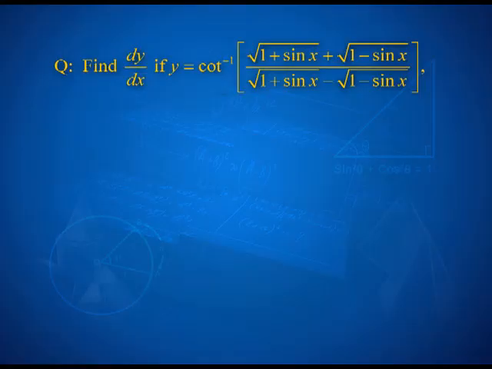Let us take another question. Find dy by dx if y is equal to cot inverse of root 1 plus sin x plus root 1 minus sin x by root of 1 plus sin x minus root of 1 minus sin x, where x is between 0 and pi by 2. Now, one of the things that you must possibly realize is that this is a very familiar function. Where did you see that?